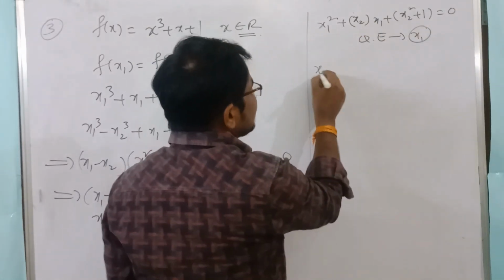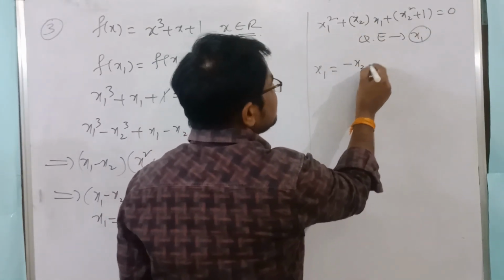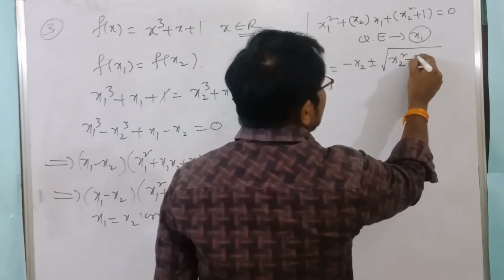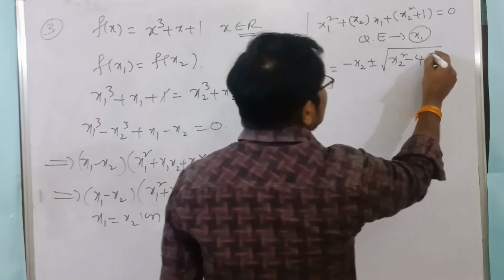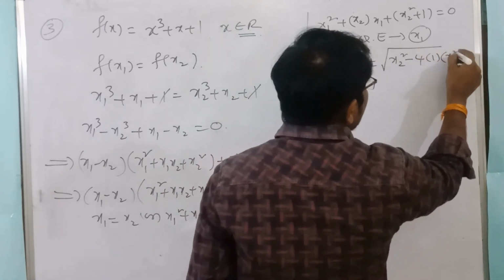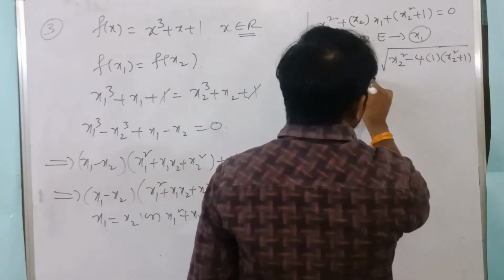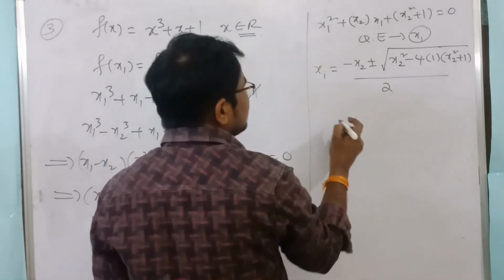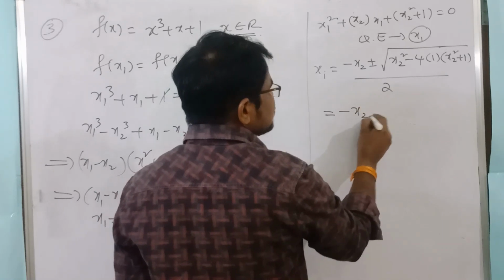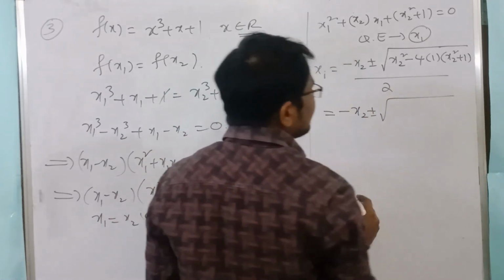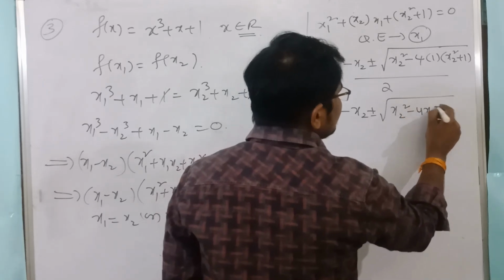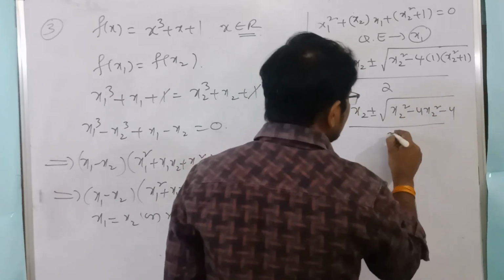So find out x1 equal to minus b plus or minus root of b square minus 4ac divided by 2a. Here a is 1, b is x2, c is x2 square plus 1. That is equal to minus x2 plus or minus root of x2 square minus 4x2 square minus 4 divided by 2.